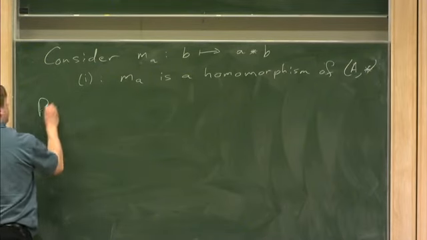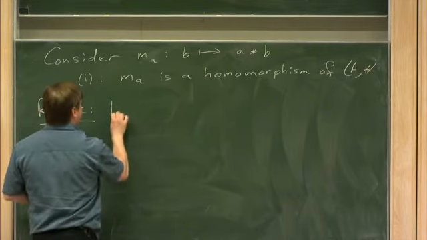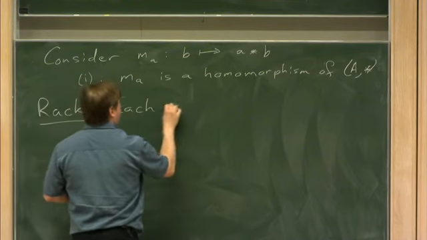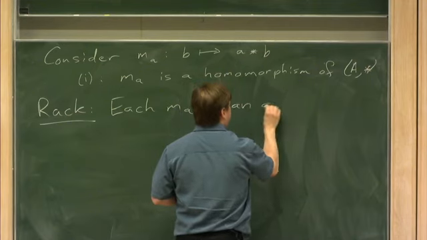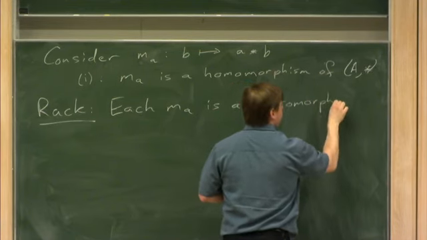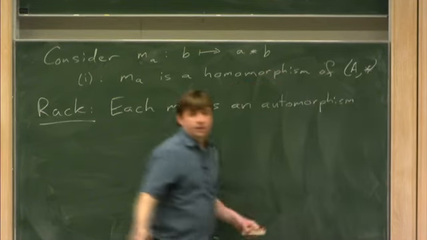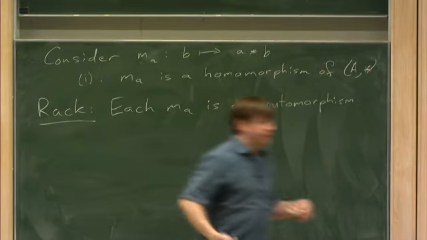A rack is going to be one where each M_A is an automorphism. Okay, so each M_A is not just a homomorphism, it's a bijective one as well.